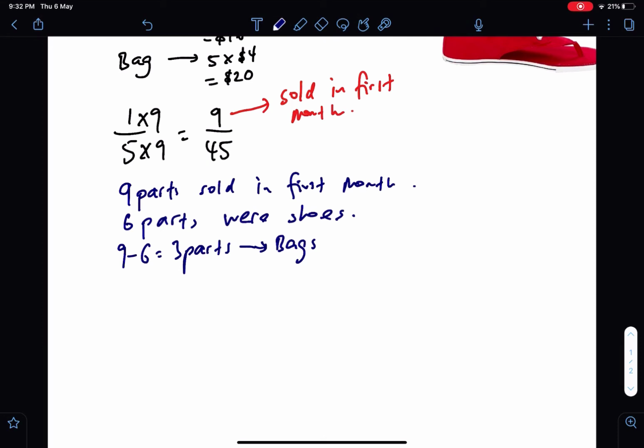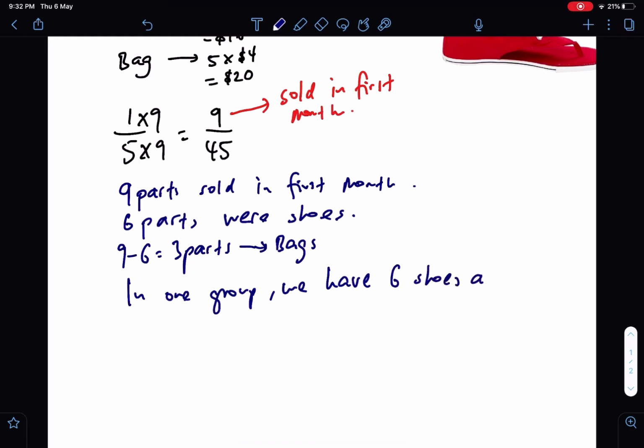In one group or in one set, we have 6 shoes and 3 bags.